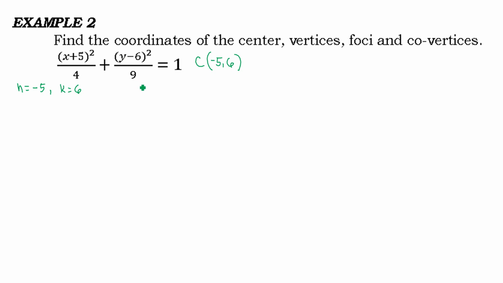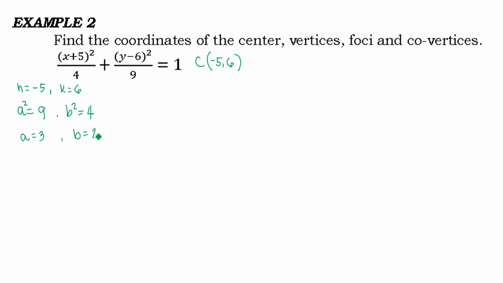Okay, so our a squared is 9. And our b squared is equal to 4. So extract the principal root, then we have a equals 3. And our b equals 2.